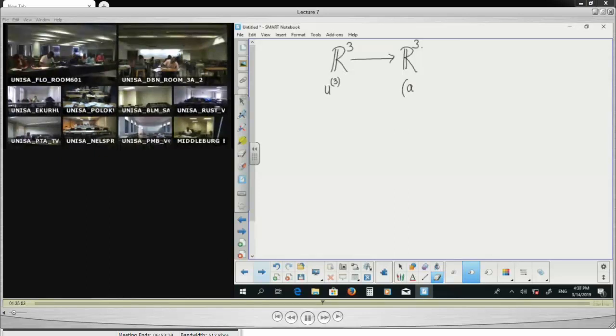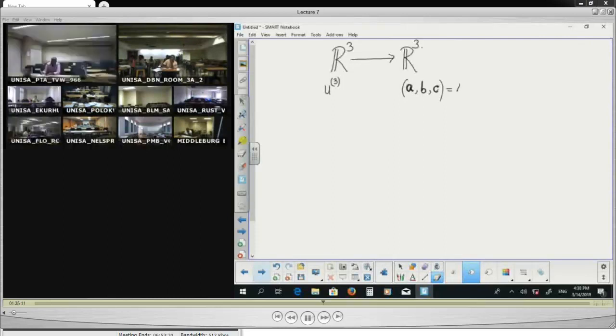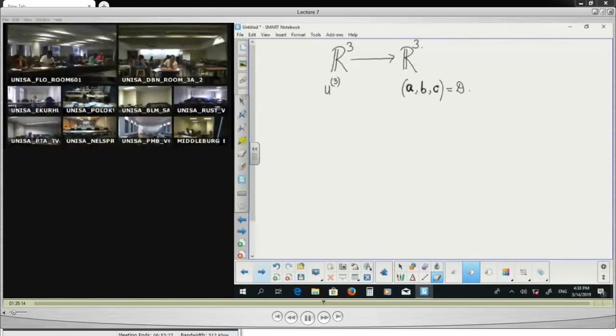So, the change of basis matrix from the usual basis to D. What is it? This is coordinates with respect to D of E1, that's the first column. Coordinates with respect to D of E2 and coordinates with respect to D of E3.